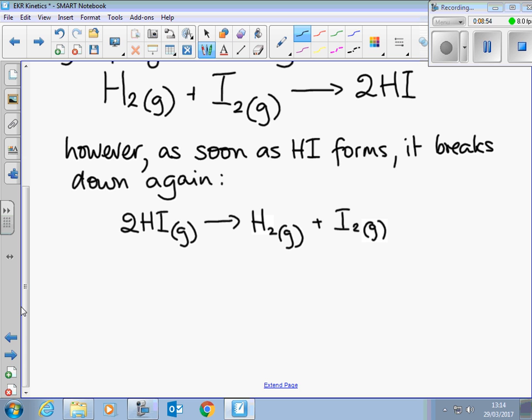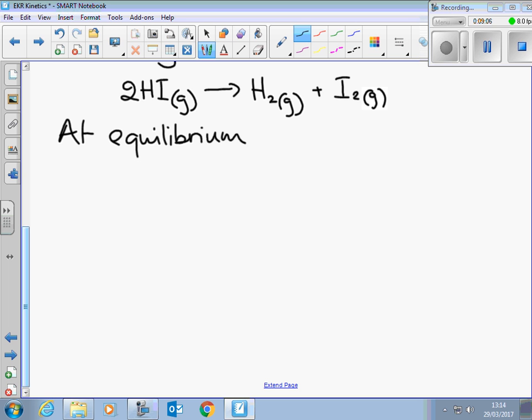So, without getting too sidetracked on this, this word then, equilibrium, so at our equilibrium, this is where we're going to have the rates of both reactions are equal.